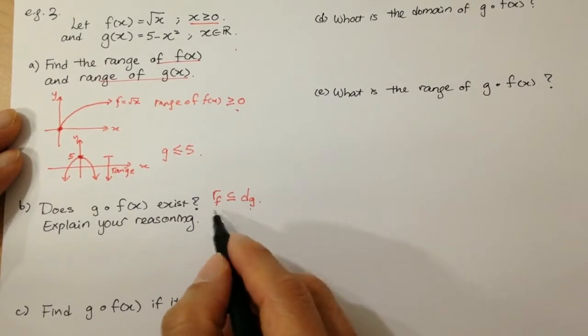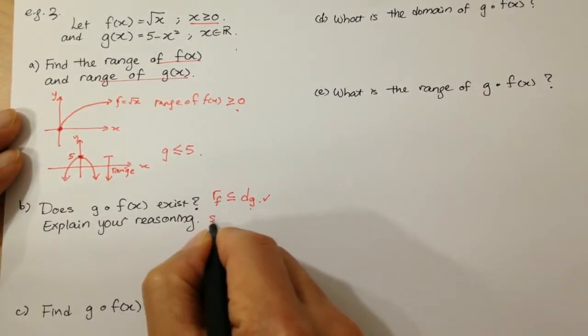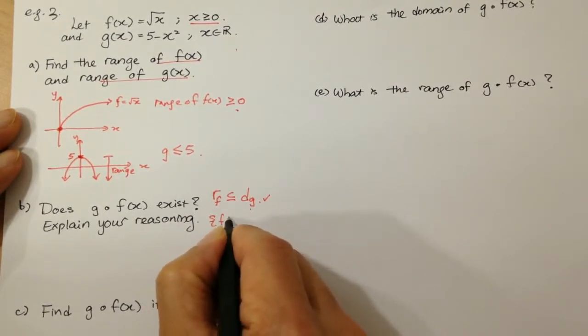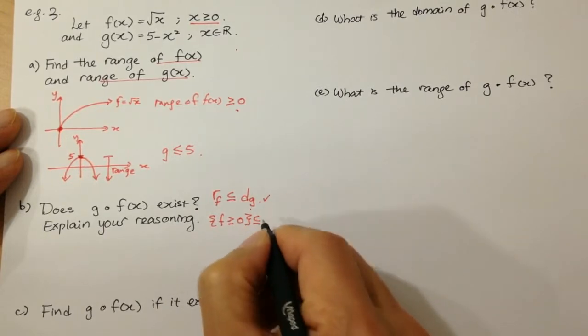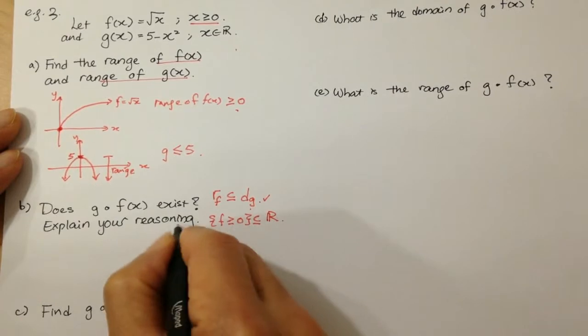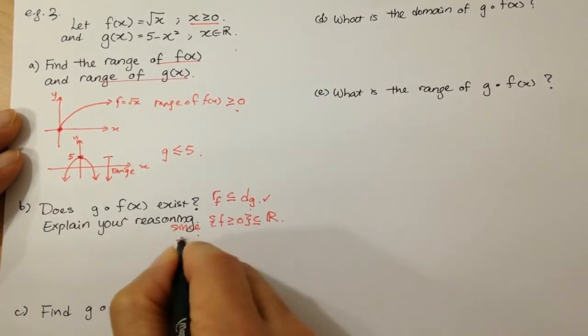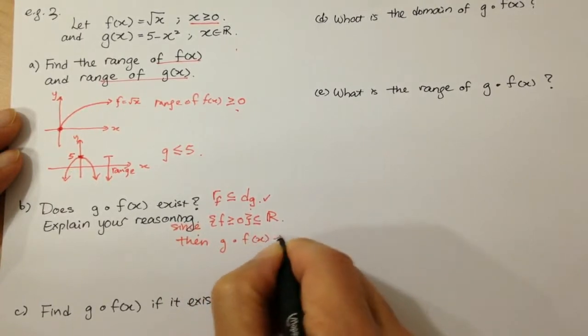So obviously we have this: the set of f that is larger or equal to 0 is a subset of the real numbers. Since this is true, then g of f of x exists.